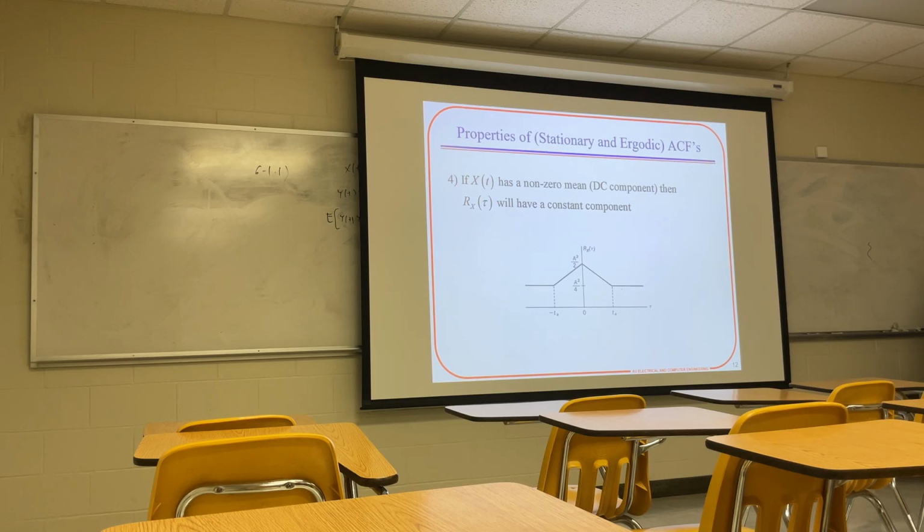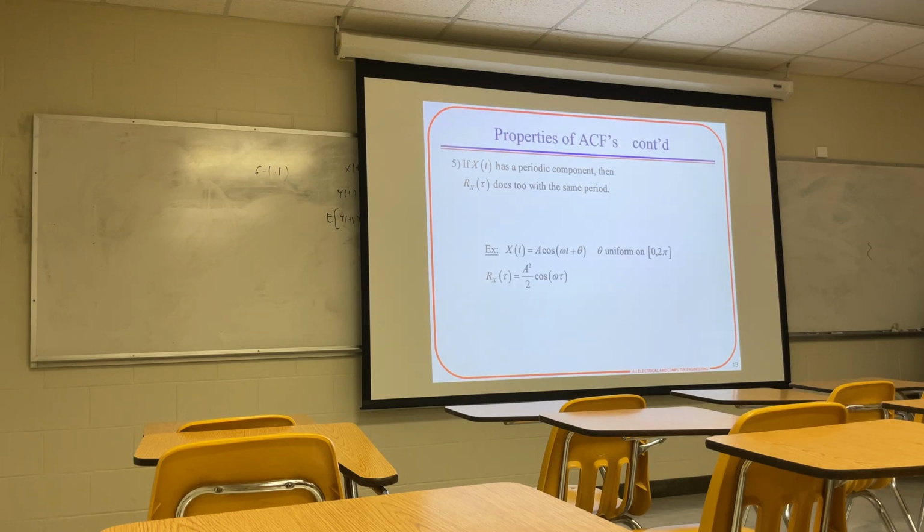In the limit, as tau goes to infinity, Rx of tau goes to the mean value squared. There's a statement in one of these slides that says that, but I'm just telling you right off the bat.